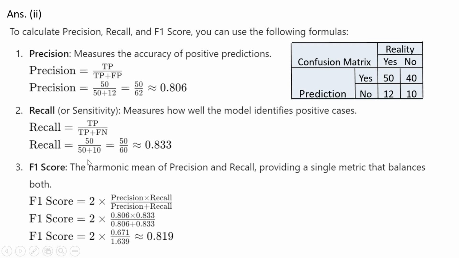Now finally we have to calculate the F1 score. For calculating the F1 score, we should know the values of precision and recall. Already we have calculated them. So F1 score is equal to 2 multiplied by precision into recall divided by precision plus recall. We just input these values, and multiplying these, we get the answer 0.819.